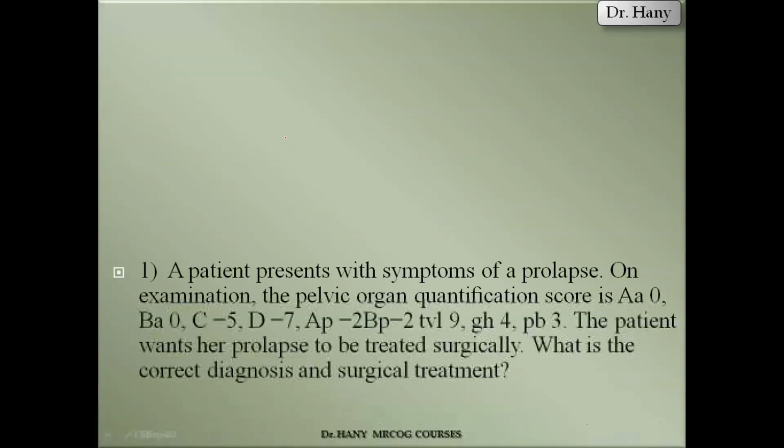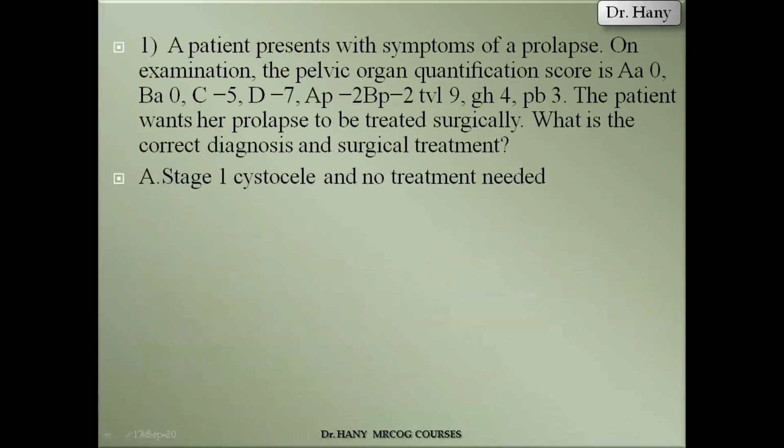A patient presents with symptoms of a bulge in her vagina. On examination, the POP-Q quantification system scores A at 0. This is what? This is stage 2. Excellent. No prolapse, so stage 0.